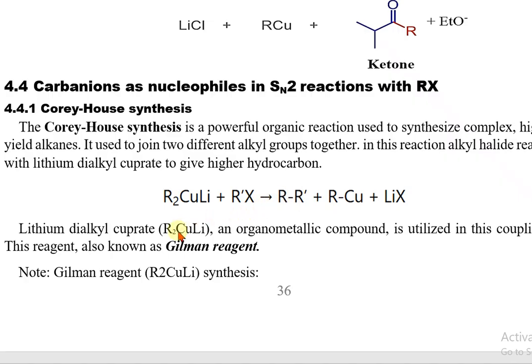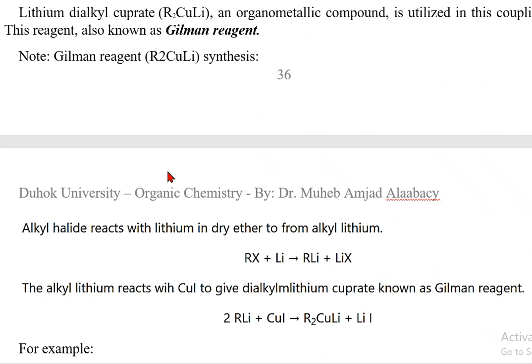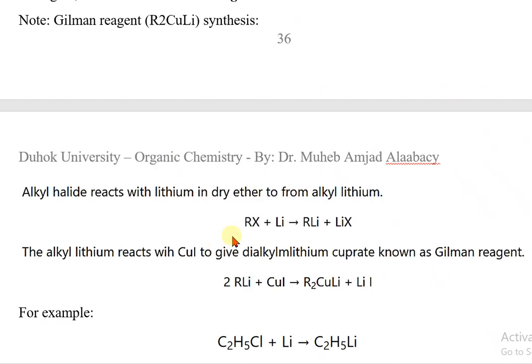To give you a complex alkane with a big structure. So lithium dialkyl cuprate is known as Gilman reagent. It can be synthesized by the reaction of alkyl halide with lithium to give you alkyl lithium.